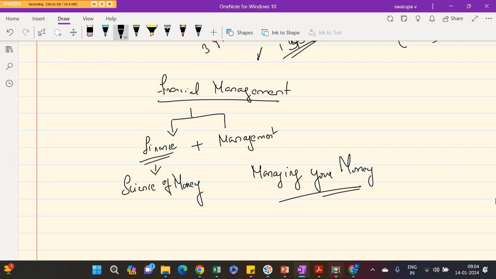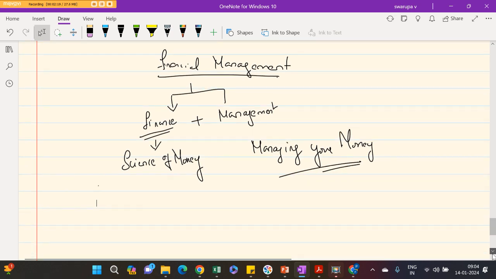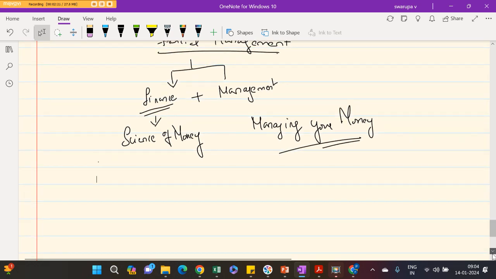Okay. So, I'll give you a very small example as to what all will be included in finance. Finance is not just cash, it is more than cash, and your financial decisions are a lot more than just handling your cash. So, where does your financial decision start from? What is the starting point?